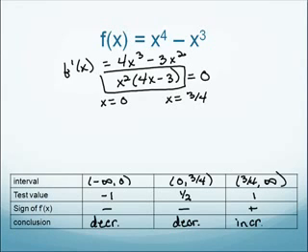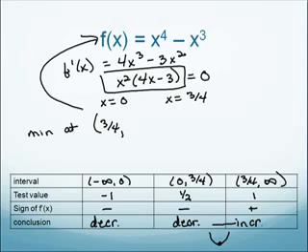So, and then let's look, we go from decreasing to increasing. So that means at 3/4 we have a minimum. We have a minimum at 3/4, and that minimum value is, to figure it out, you have to plug it into the original function.